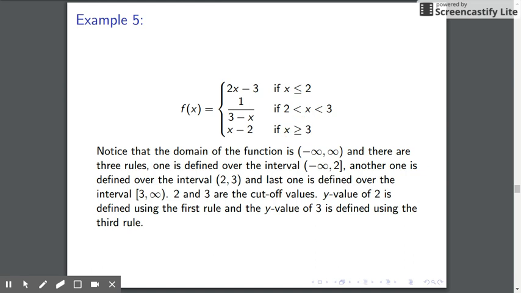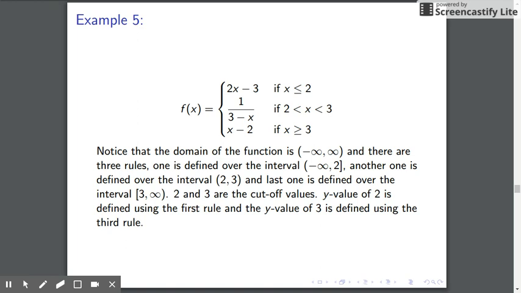So notice that the domain of the function is negative infinity to infinity, because the intervals that you have here, which correspond to negative infinity to 2 included, 2 and 3 open, 3 closed to infinity, add up to the entire real numbers.